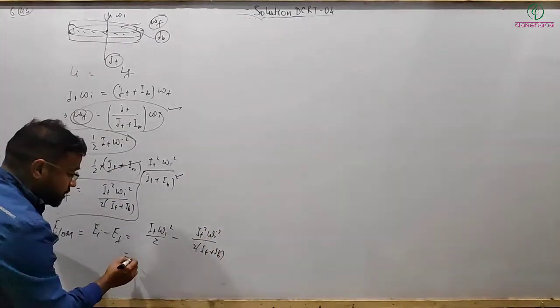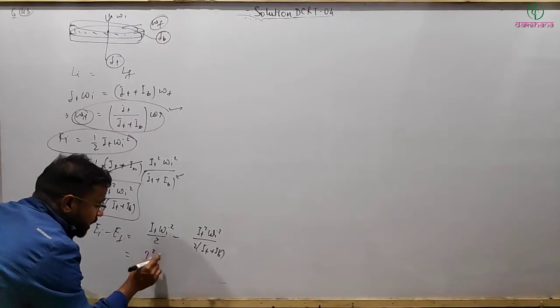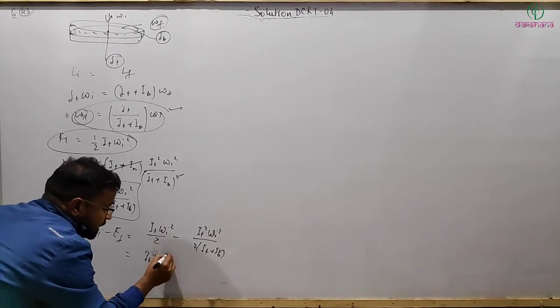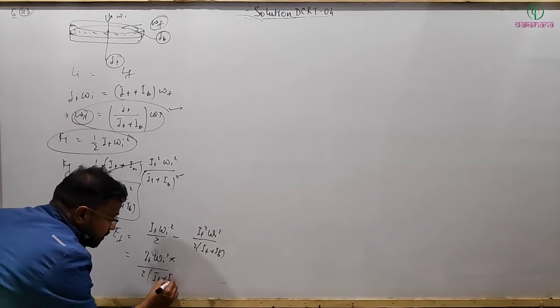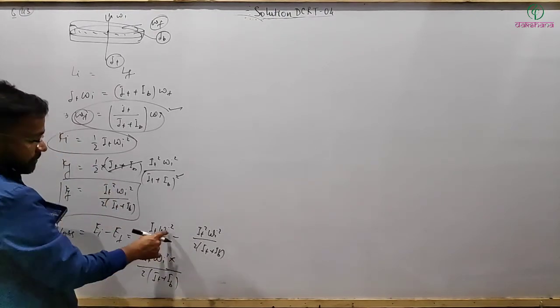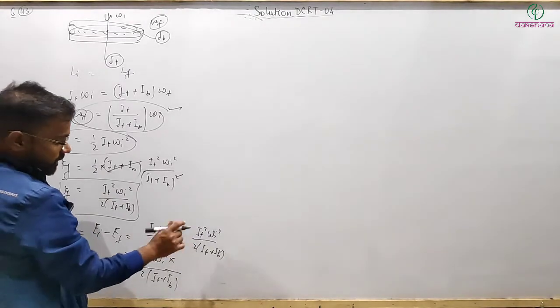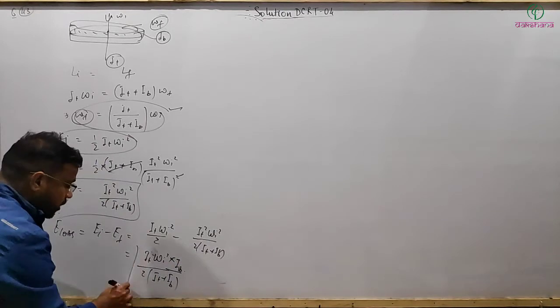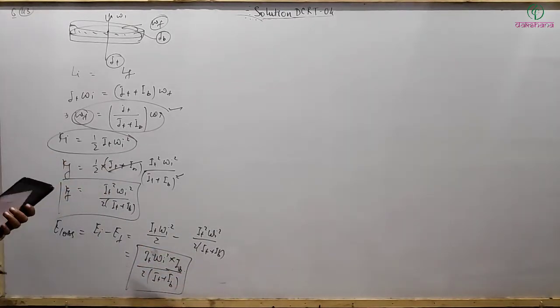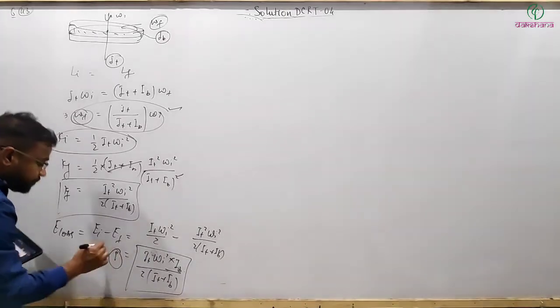Simplifying it, we are getting IT into omega I square into 2 into IT plus IB, and taking LCM here will be IT plus IB minus IT, so it will be left with IB only. So this is the loss in energy, and that matches with option number 1.